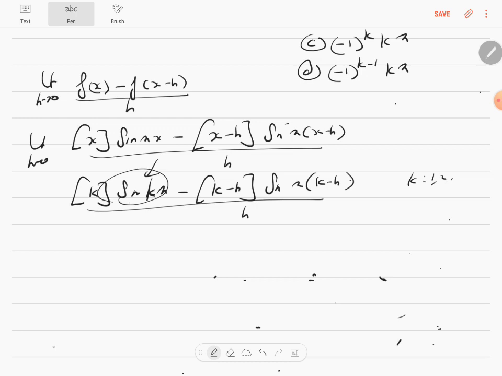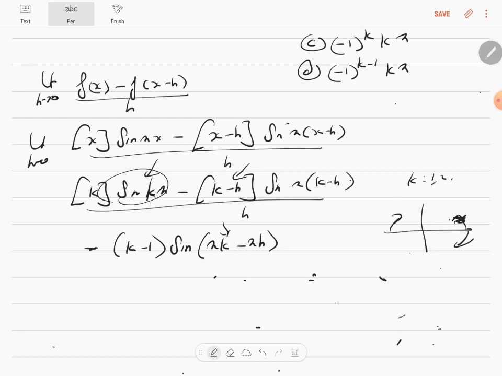So you're left with a minus of the greatest integer function of k minus h. If you're approaching k from the left, it will be k minus 1, into sine pi k minus pi h. And k being 1, 2, 3, 4, whatever, you know that it will be pi minus or 2 pi minus.